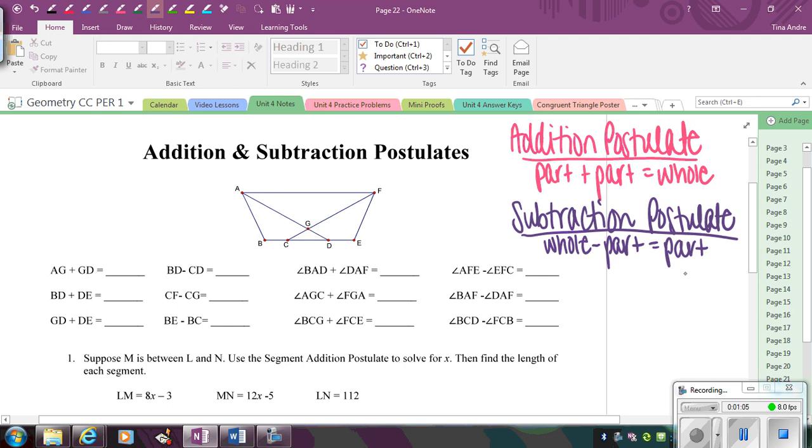So let's just look at this picture here, and we're going to fill in the blanks using the different postulates. When I look at the first one here, this is representing the distance between A and G. So segment AG plus GD is going to be equal to the whole thing, so AD.